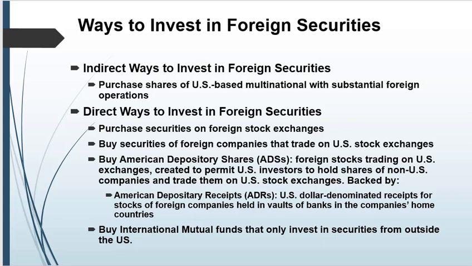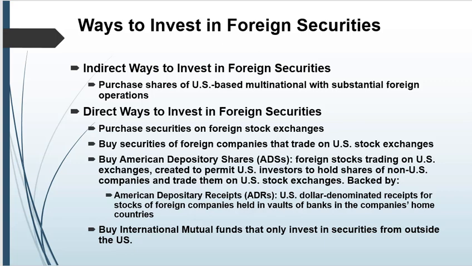And typically, these shares are backed by what we refer to as ADRs. It's a receipt, right? So there's a receipt at a bank that represents a stock of a foreign company. So this, again, is another way to directly invest in a company. The difference between this and buying at a foreign stock exchange is the currency that you need. If you're buying them in the United States, you need dollars. If you're buying them off the Nikkei exchange, you need yen.